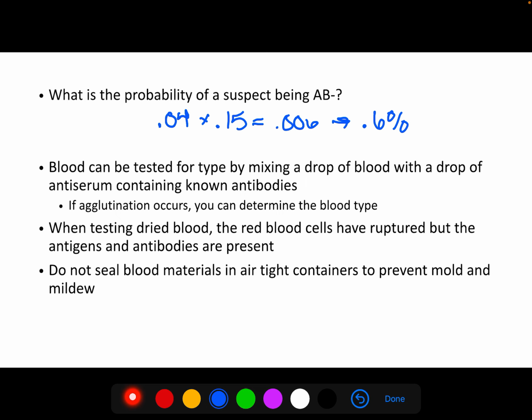We're going to do blood testing one day after we get back, whenever that is. But blood can be tested for blood type by mixing a drop of blood with a drop of anti-serum that contains known antibodies. If agglutination occurs, if we see clumping, we can use that to determine the blood type, because if there is clumping, it means that that antigen is present in that blood.